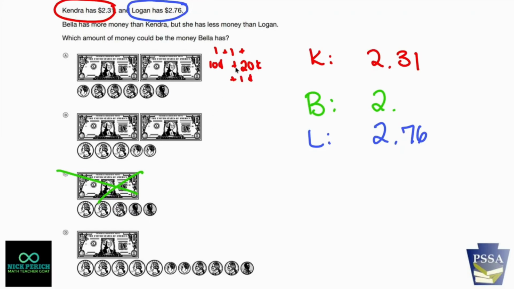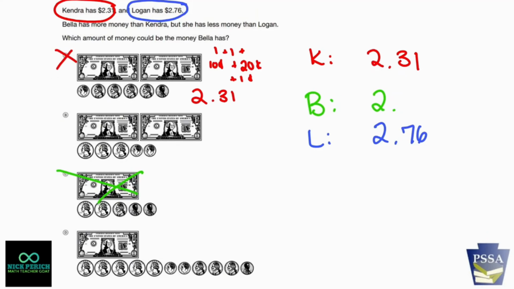So if we wanted to run to our calculator, $1 plus $1 is $2. 10 cents plus 20 cents is 30 cents. Plus 1 penny is 31 cents. So this is $2.31. Now, if you're looking at Kendra and saying, Kendra is $2.31, well, then Bella can't be that because Bella has to be more.